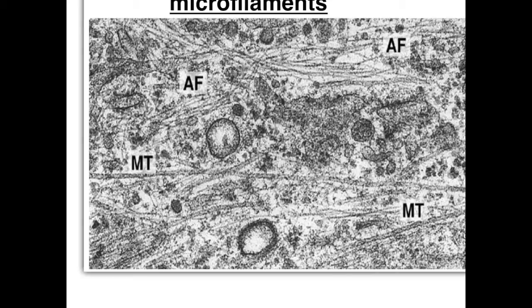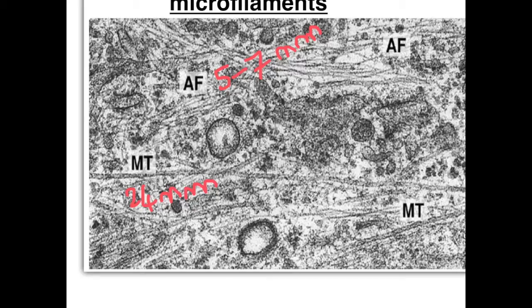Don't also forget the size of the actin is from 5 to 7 nanometer, while of the microtubules is 24 nanometer. And also don't forget that the actin is the microfilaments.